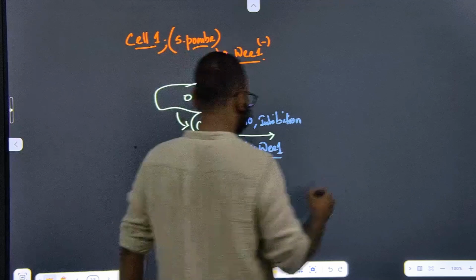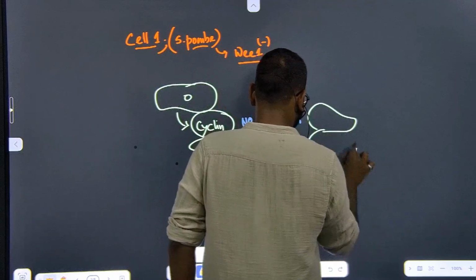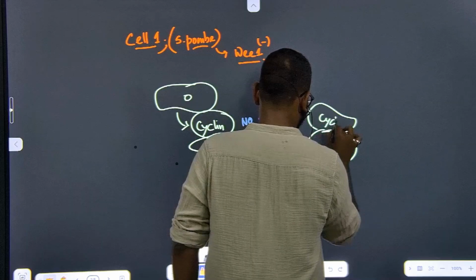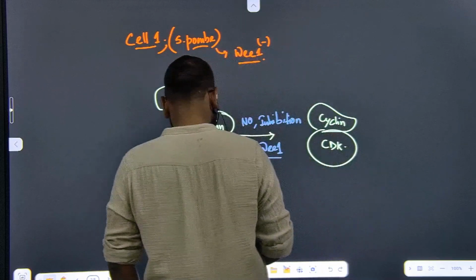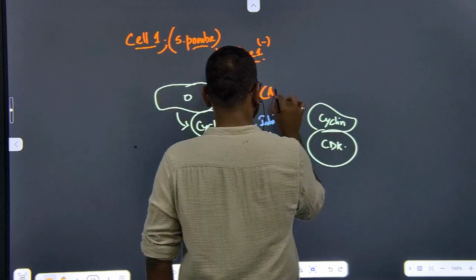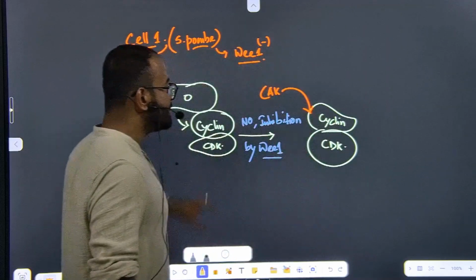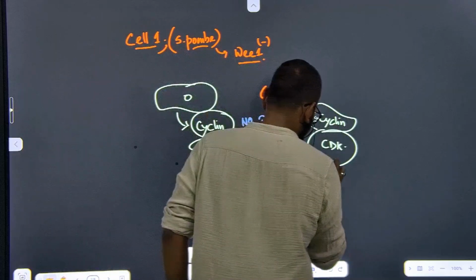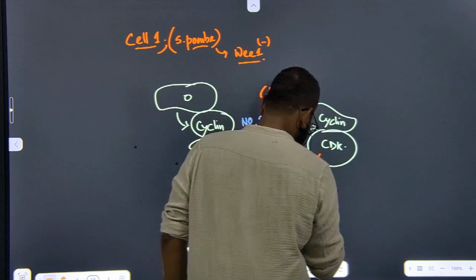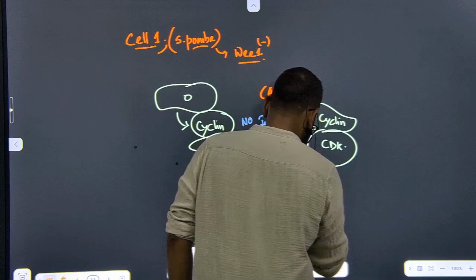As a result, CAK will act upon it. As CAK acts, CDK will be phosphorylated at threonine 161 very easily.